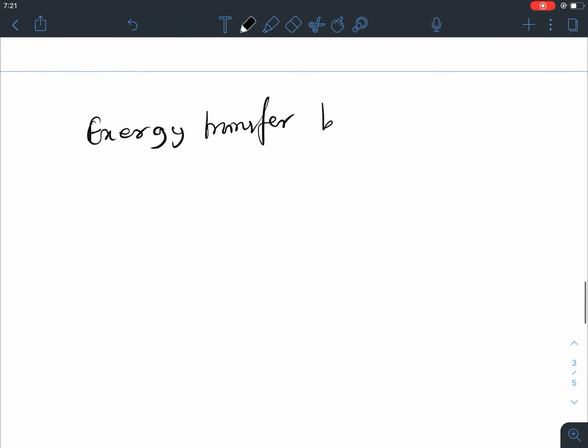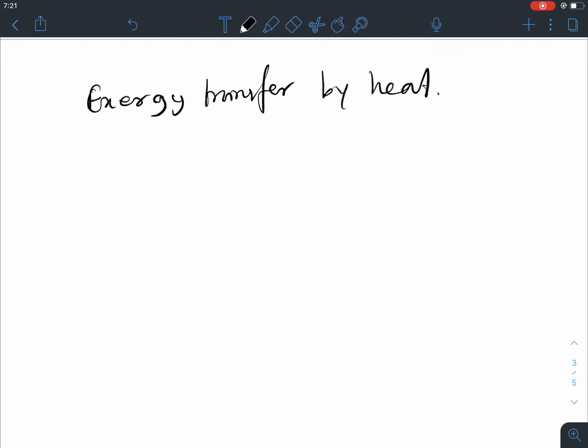So exergy transfer by heat, right? So basically exergy is nothing but the useful work, right?